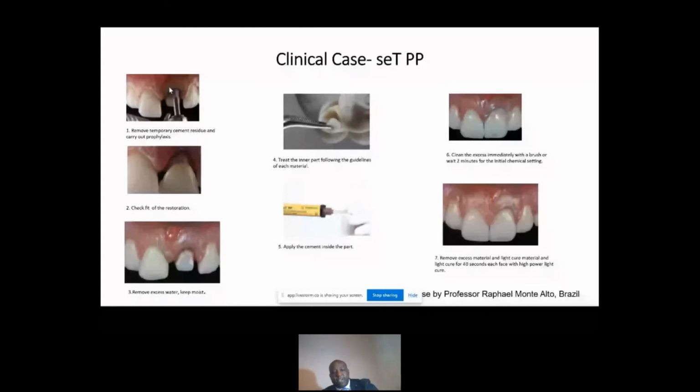And if we miss this very first step, which is a key step, if it's not a clean surface or we've got some cement present, our restoration won't fit. And then what's the tendency? Dentists love using the drill.